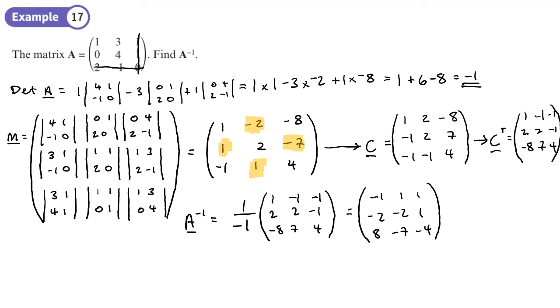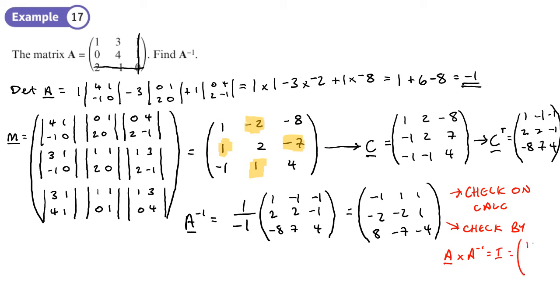And then you can use your calculator to check to see if that answer is right. Okay, so check on calc. And if you had loads of time, what you could do is check by doing A times its inverse, and you should get the identity matrix.